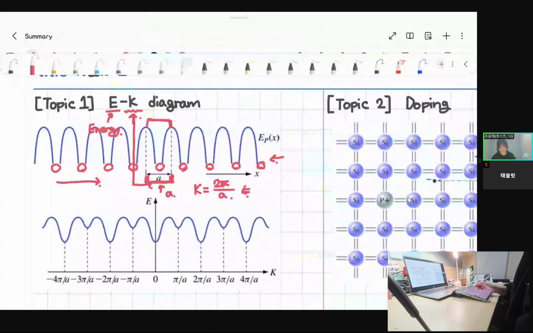That K is similar to the w equals 2 pi divided by T, which we learned in the signals and systems class.